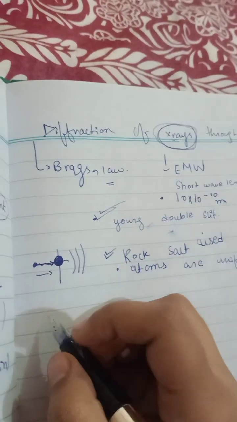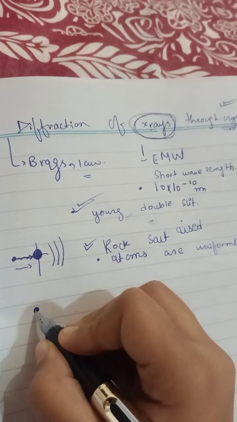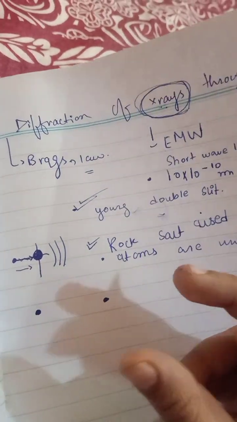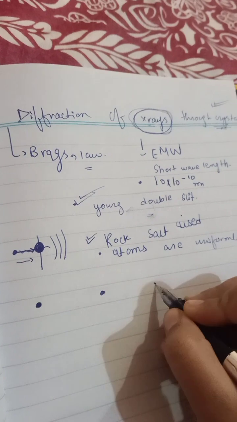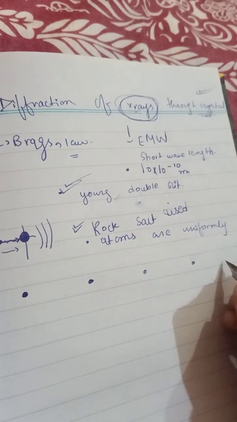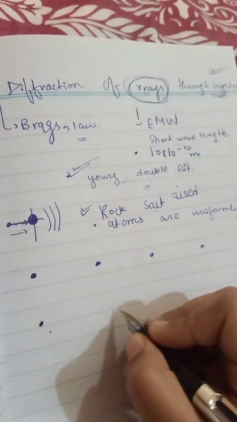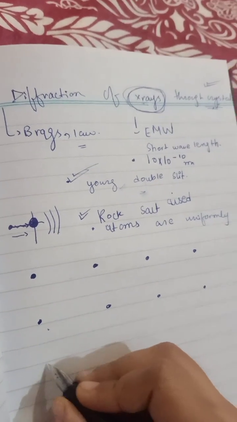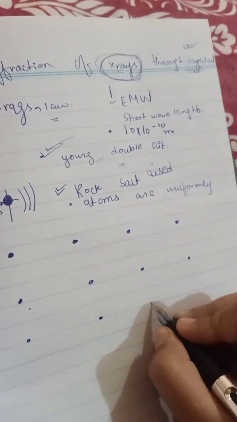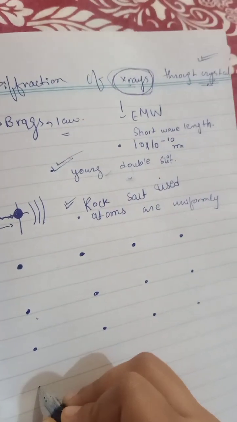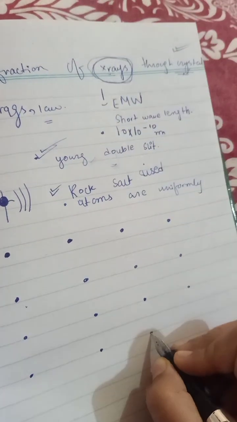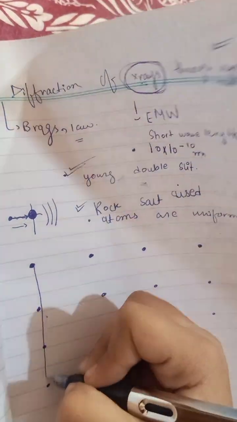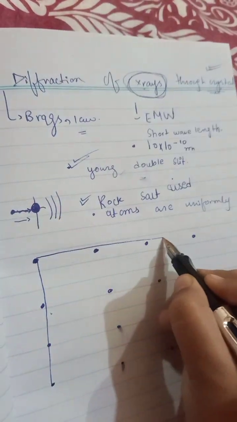For example, this is one rock salt atom. We are taking this piece of rock salt, and the atoms are uniformly arranged. So that's why the diffraction of X-rays is possible, and their spacing is very equal, as you can see.